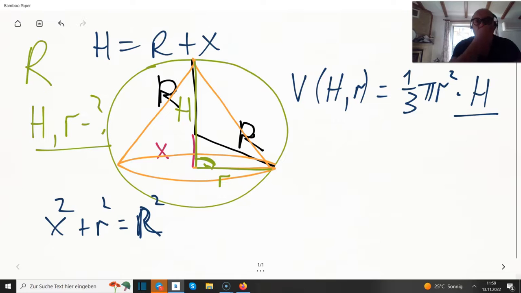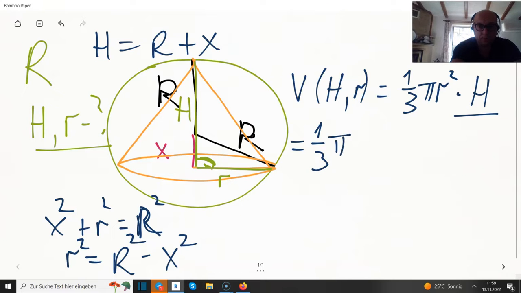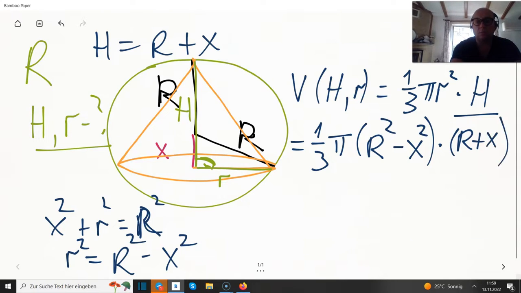and capital R is known, x is unknown, and I can solve for small r squared, which would be capital R squared minus x squared in this case. So that means our formula now is changing a little bit. We still have pi, instead of small r squared I'm putting capital R squared minus x squared, times h, which is R plus x.